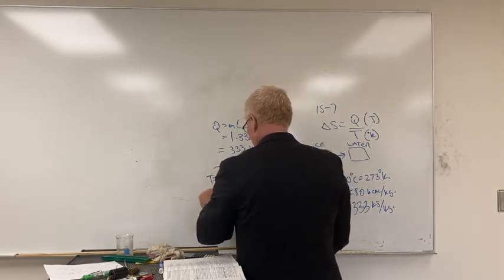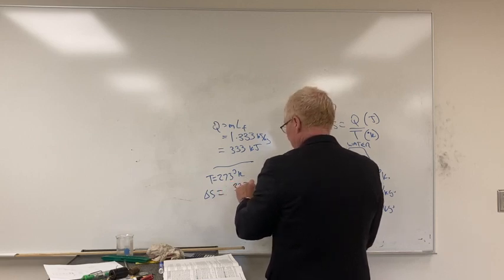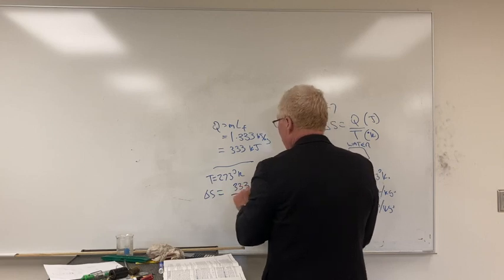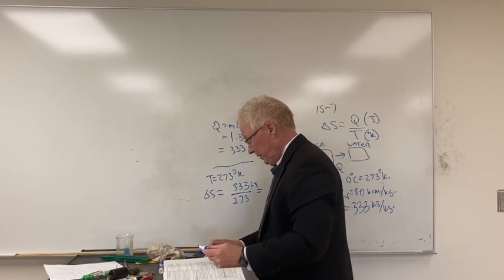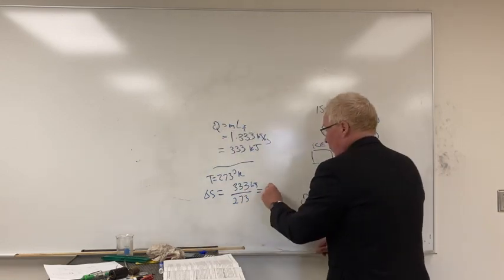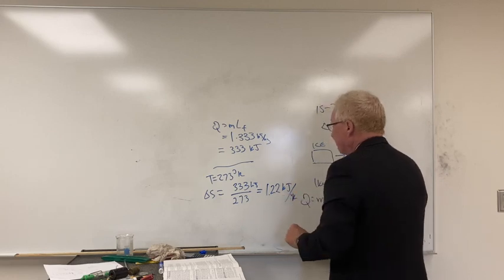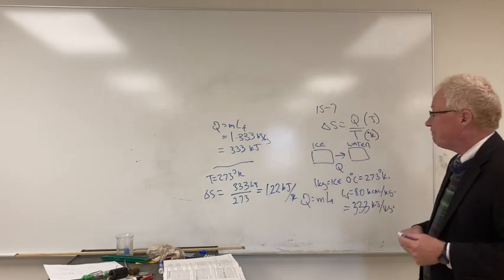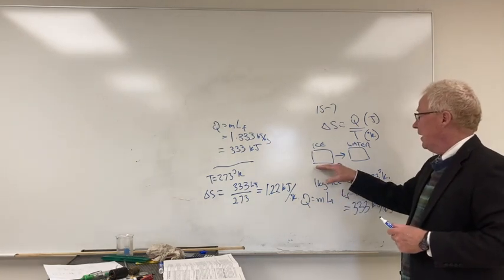So delta S would be 333 kilojoules over 273, which is approximately 1.22 kilojoules per degree Kelvin. So that is the entropy of melting the ice to water.